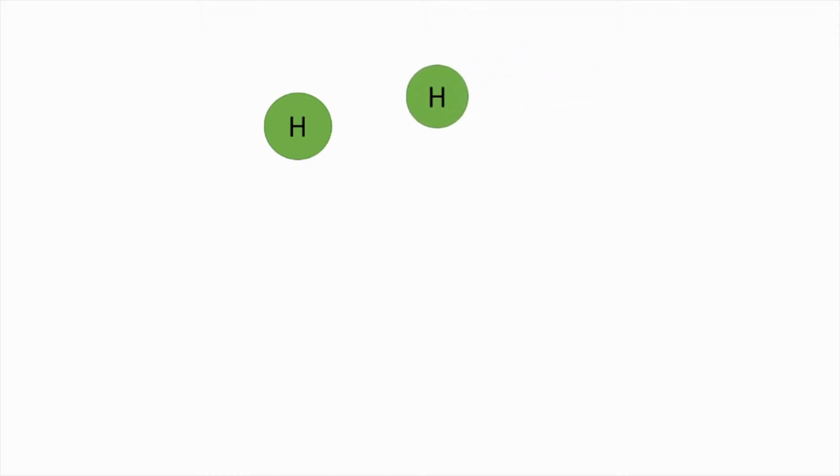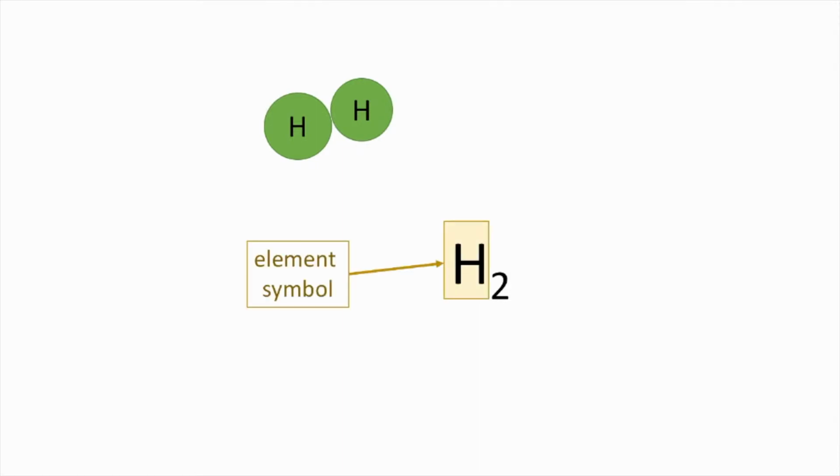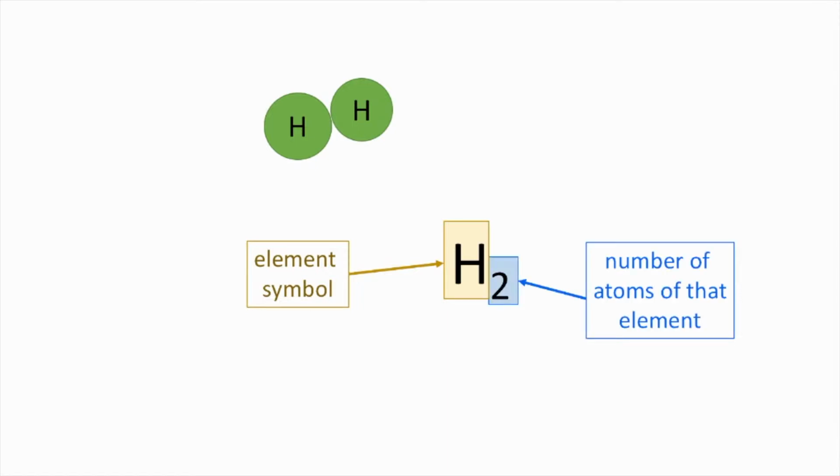The way we find them in nature is 2 hydrogen atoms stuck together, and we write this as H2. And the reason we use this symbology to represent this package is we have our element symbol, so it's telling us this package is made of hydrogen, and the 2 tells us the number of atoms of that element. So we have 2 atoms of hydrogen.